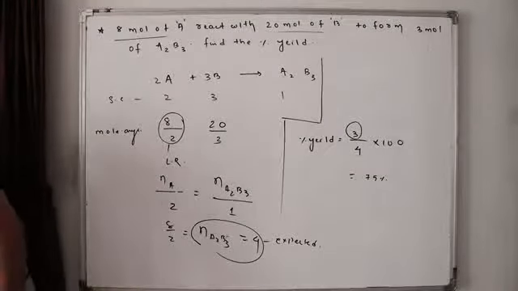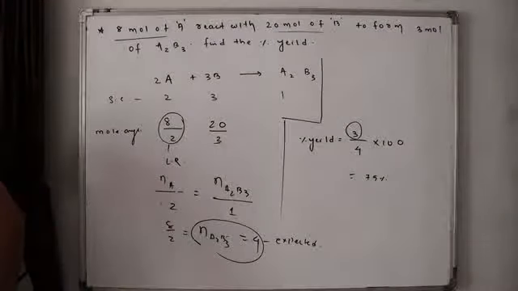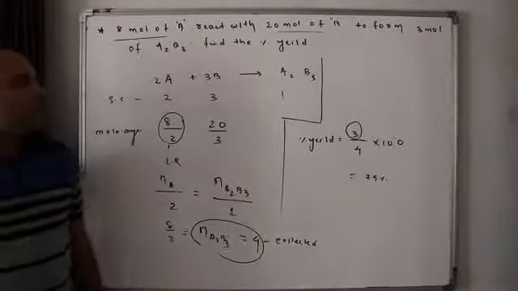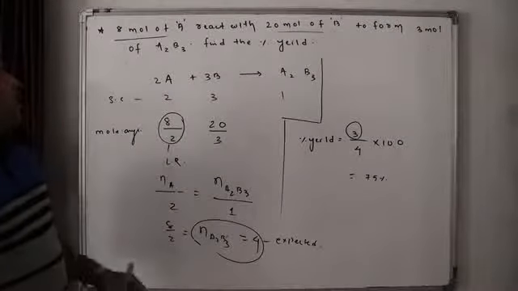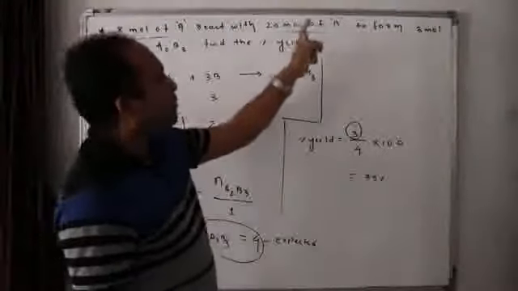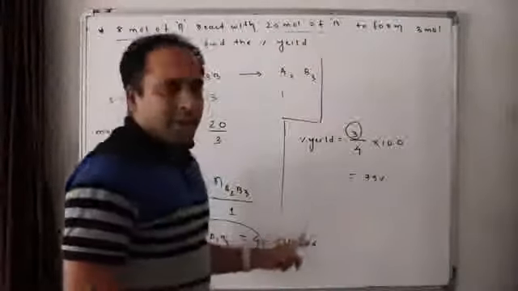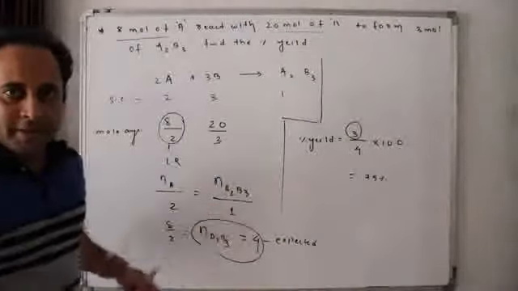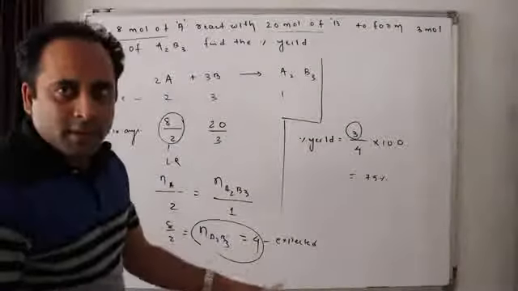Doubt? Done. If the same question is asked, 8 moles of A reacts with 20 moles of B, can I change this question? See, did you copy this question and answer?